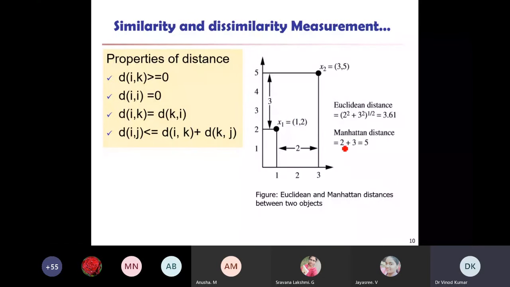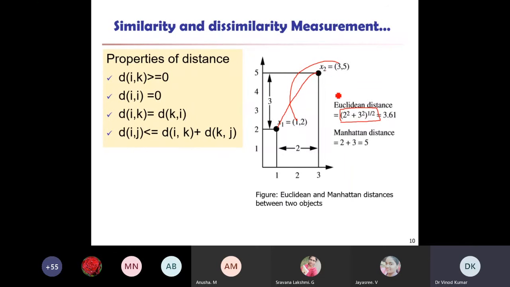First we are using the distance formula, and we have the points x1 and x2. If you want to find the dissimilarity between these two objects, we can use these two formulas. For the first point, the difference from x1 to x2 is 3 minus 1, that will be 2, and because we have the square, we square it.